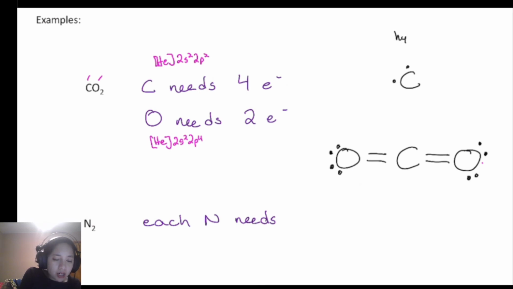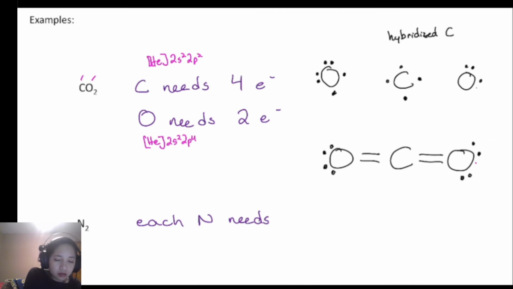So this is our hybridized carbon, right? There's a carbon there. This oxygen has 2 electrons, and this 4, so 1, 2, 3, 4. And then another oxygen, 1, 2, 3, 4. Wait, yeah, so 6.